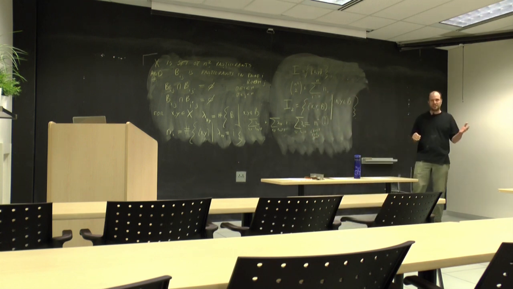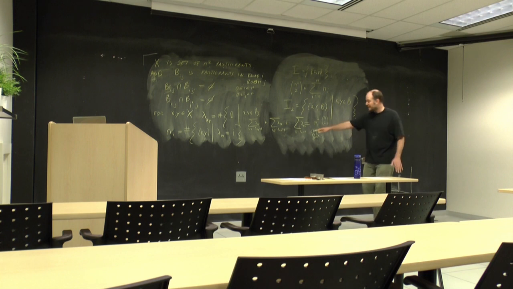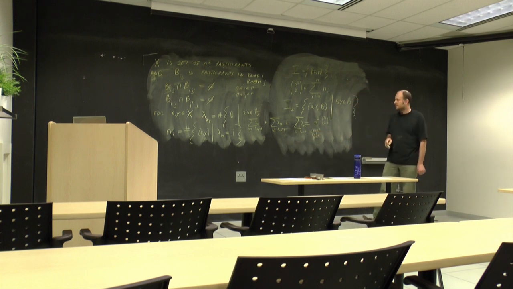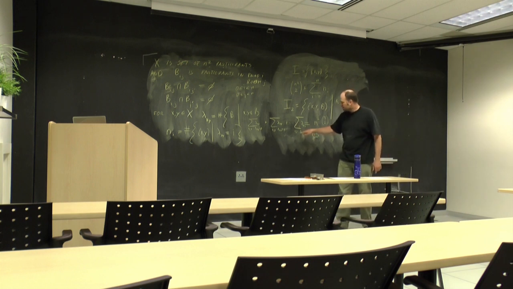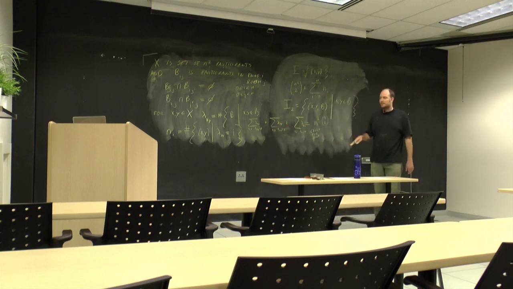I could fail to see someone, I could see them once, twice, 3 times, but I can never see them more than n times. So I've just split up my sum depending on what the lambda value of any particular pair is.